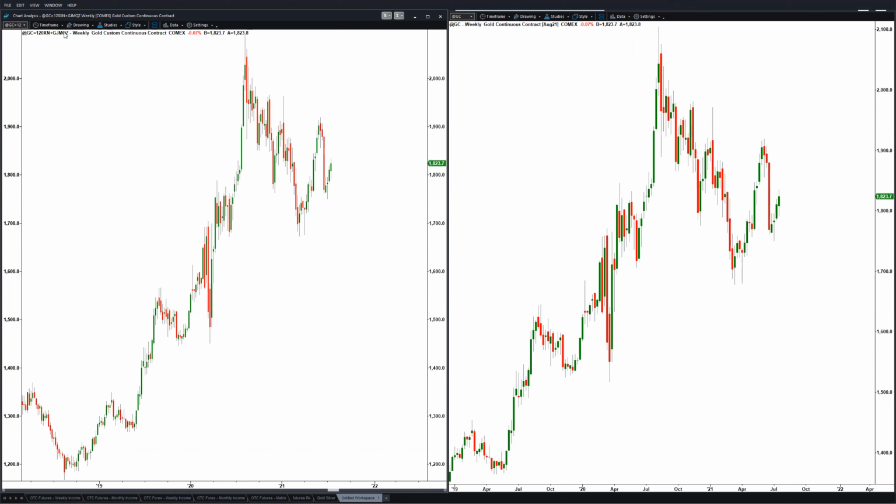So the logic tells us that the unadjusted chart makes a lot of sense for finding high quality zones, meaning areas where institutions want to buy or sell.